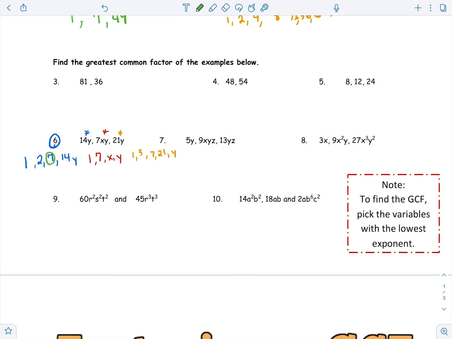But we do have 7 between all 3 of them. And we have y. So now we would say our greatest common factor would be, we will multiply 7 times y to get 7y. And that is our greatest common factor.